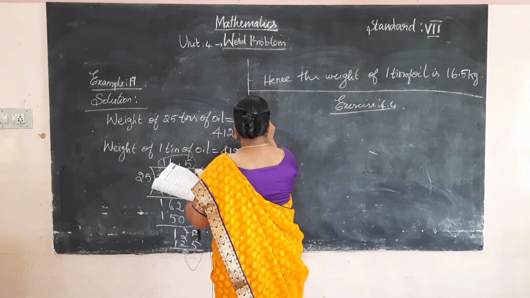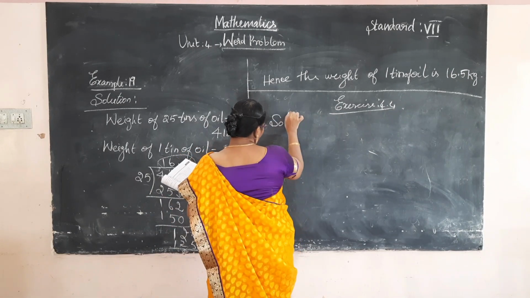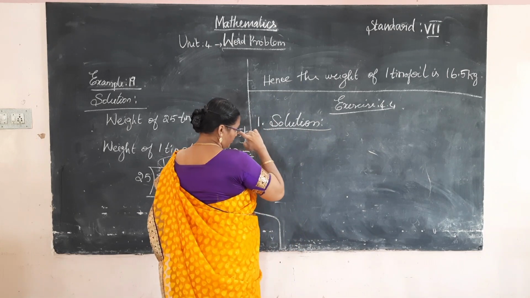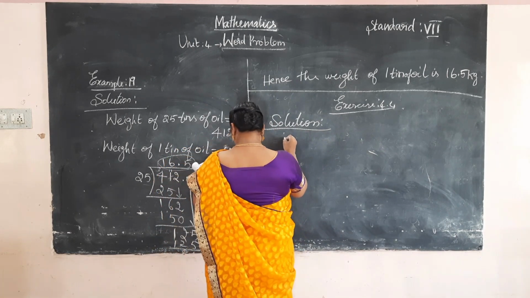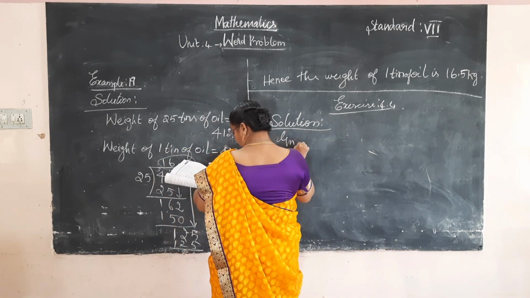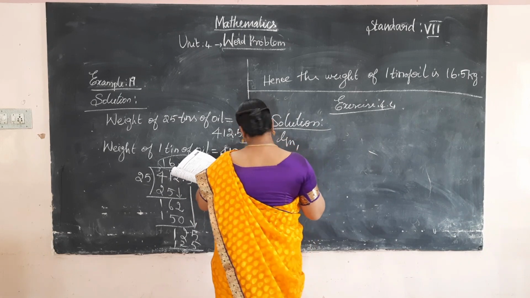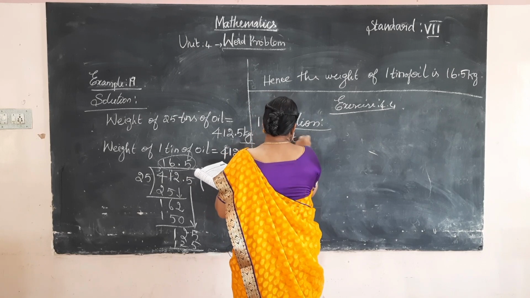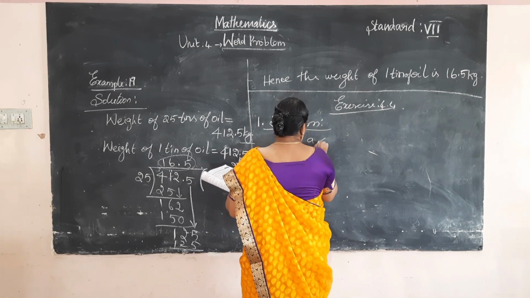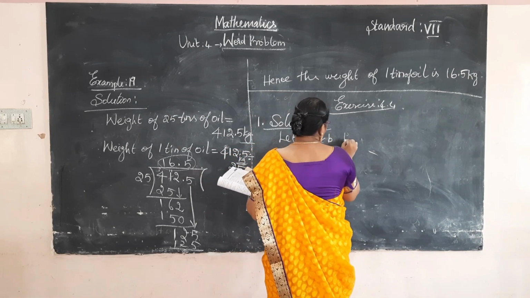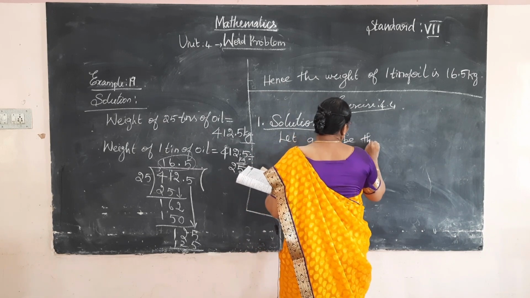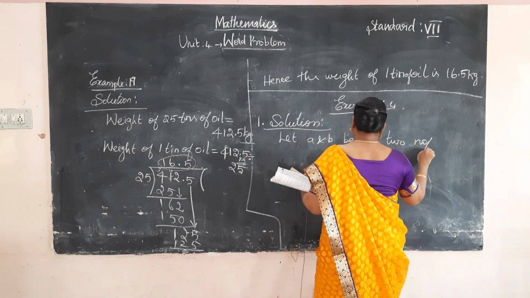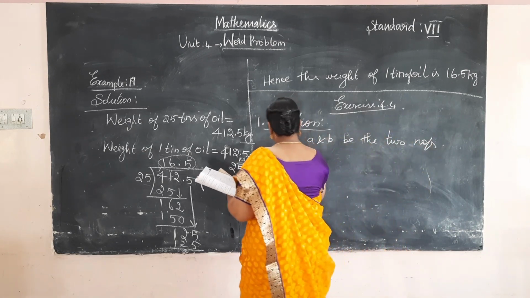Right, the first one. What data are given? Before that, consider: let A and B be the two numbers. Next, write the given statement.